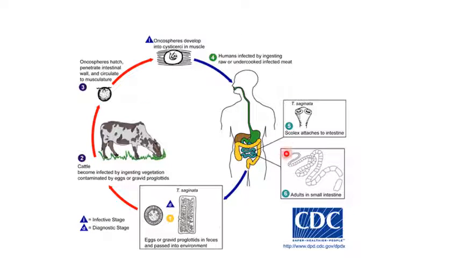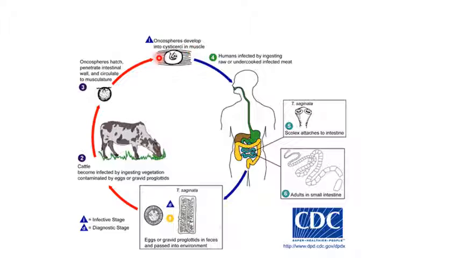As you see, this is the life cycle of Taenia saginata. The eggs are released from the gravid proglottids with the feces of infected man to the grasses. When the cattle eat the plant, they become infected by ingesting vegetation contaminated with eggs or gravid proglottids. Then the oncospheres hatch, penetrate the intestinal wall and circulate to the musculature.